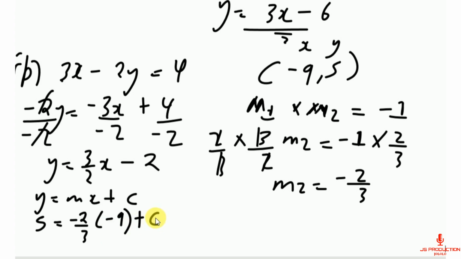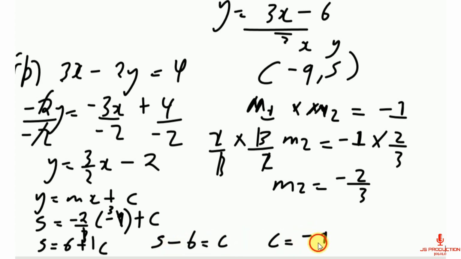We're trying to calculate c. To simplify, 3 into -9 goes -3, so we have 5 is equal to -2 multiplied by -3, that's 6, plus c. So when 6 goes to the other side, it's going to be 5 minus 6 is equal to c. So c will be equal to 5 minus 6, that's -1.